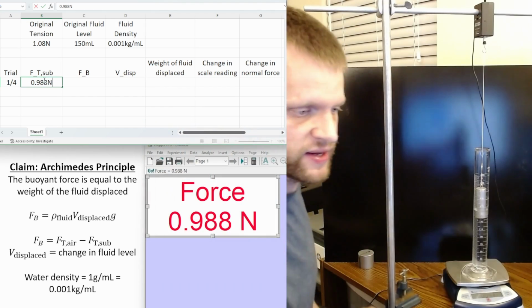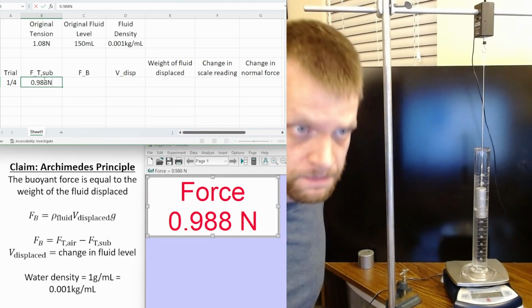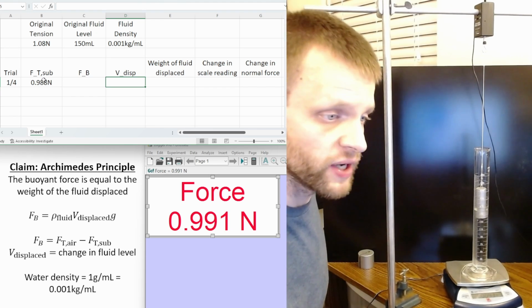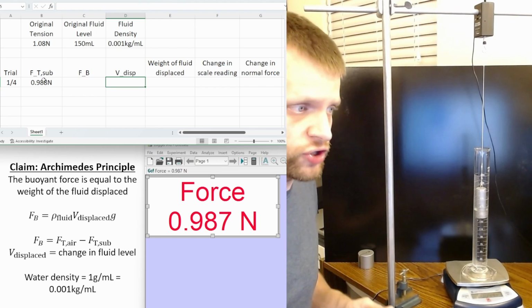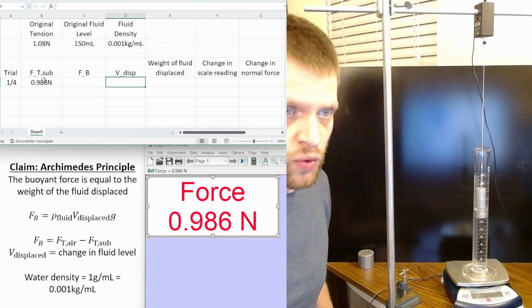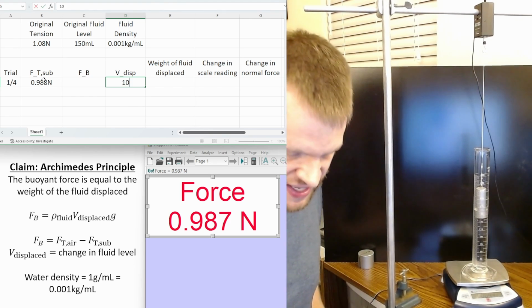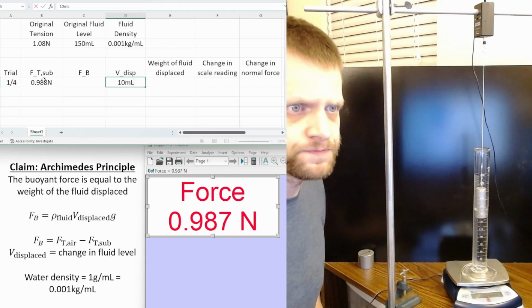So let's label that as 160 milliliters for the volume. Well, if the original volume was 150 milliliters and our new volume is 160 milliliters, that volume that was displaced, that water level changed by 10 milliliters.